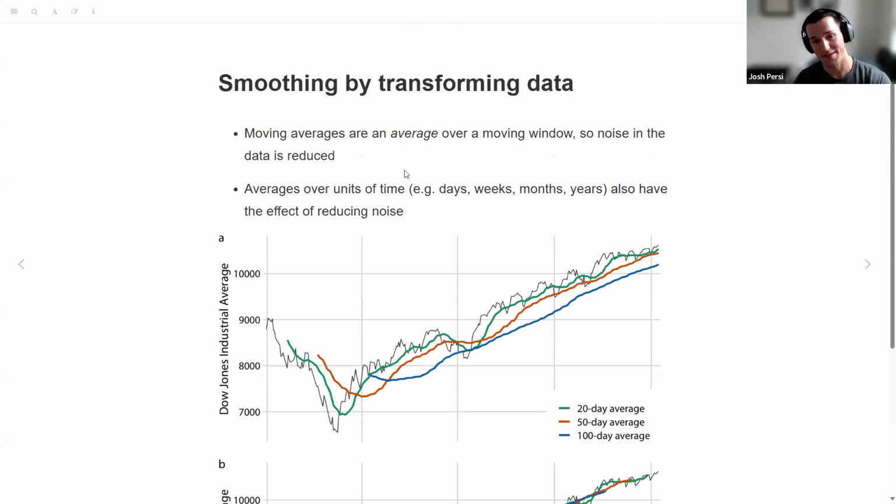Honestly, I don't know if this is flagging me as an amateur, but I've never really used moving windows. I always just aggregate to the next highest unit of time. So if days were too noisy, I would aggregate to weeks. If weeks were too noisy, I would aggregate to months, depending on the outcome. But that's how I've always approached smoothing.